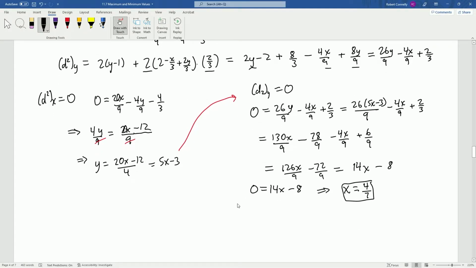And if x equals 4/7, that implies that y equals 5 times 4 over 7 minus 3. That's 20/7 minus 3. And 3 is 21 over 7, so this is negative 1/7. So altogether, that tells us that 4/7 and negative 1/7 is a critical point.